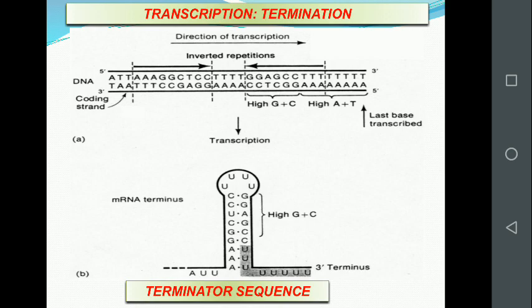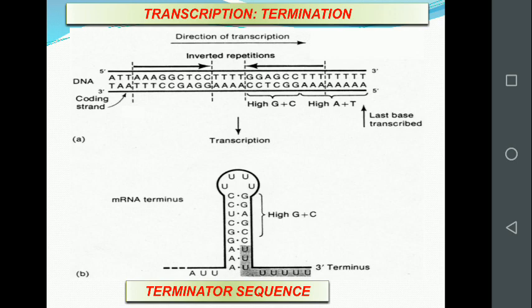When these inverted repeats are transcribed, the mRNA region synthesized from this terminator sequence will have a self-complementary sequence. Due to that self-complementary region, the sequences base pair with each other and form a stem and loop structure. In the stem we will have a high G plus C content, so the stem structure is very strong and it is not easy to dissociate.